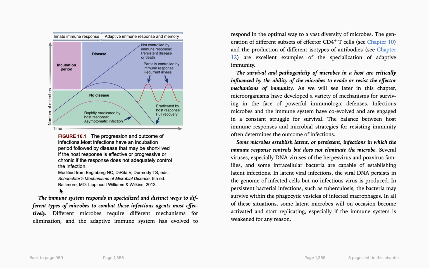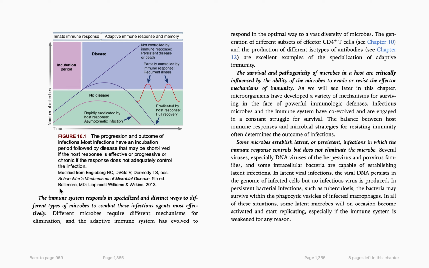Several viruses, especially DNA viruses of the herpes virus and pox virus families, and some intracellular bacteria are capable of establishing latent infection. In latent viral infection, the viral DNA persists in the genome of the infected cell, but no infectious virus is produced.